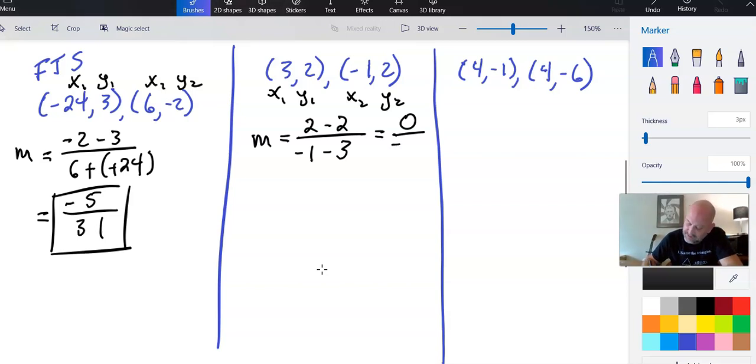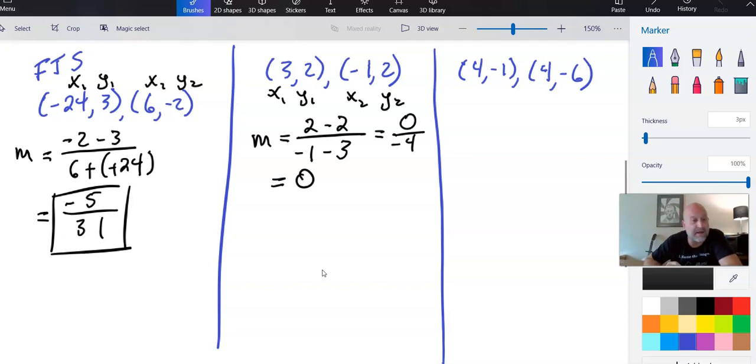Negative 1 minus 3 is negative 4. But 0 divided by negative 4, let's just think about it. Remember that the numerator tells you how many things you have. The denominator tells you how many pieces things are cut into. We don't even have to think about the negative. Just think about them as fourths. I have 0/4, which means I don't have anything, right? So this slope is 0.